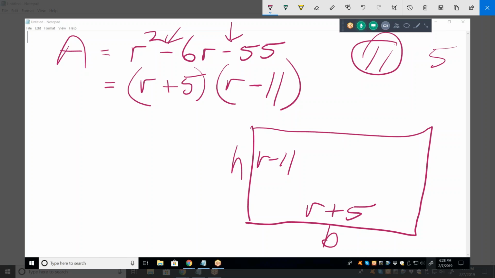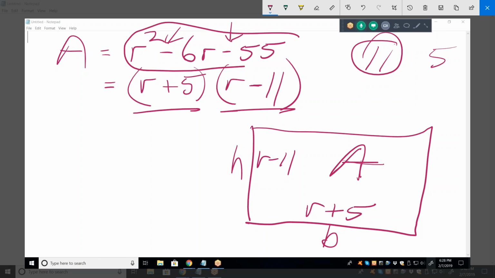Now, to get the area of that rug, I'm going to multiply the base times the height. So I'm going to multiply r plus 5 times r minus 11. And I already know that's what I get, right? Because factoring is just the reverse of foiling. So I've got the right area. I've got two factors. What's the only other answer? How about I switch them?